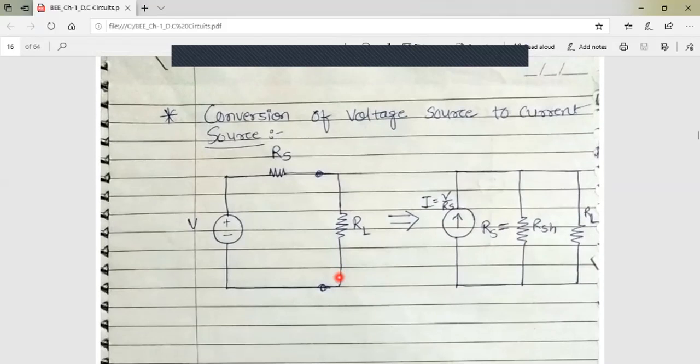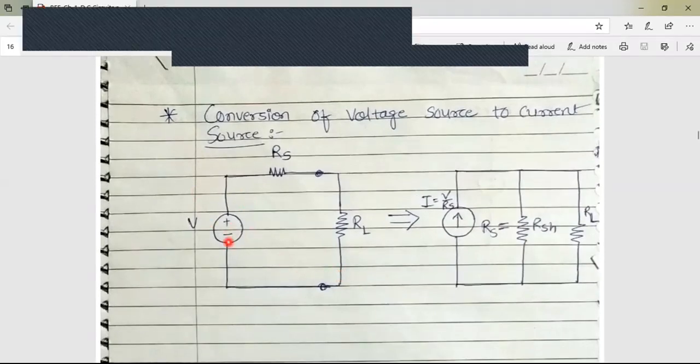So here, a voltage source always has a series resistance, and this is the load resistance. If we want to convert that voltage source into an appropriate current source, then the transformation is as here. This voltage source is converted into a current source, where by Ohm's law the current I is V divided by this series resistance Rs.